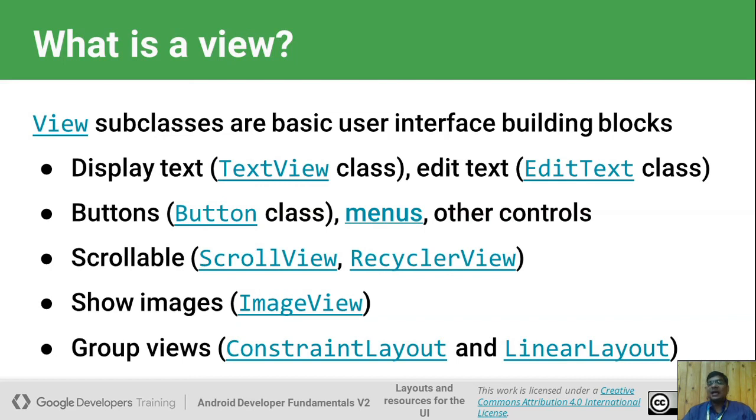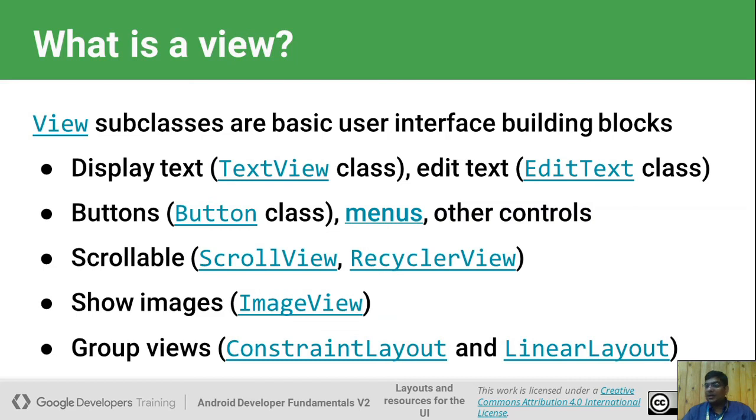If you see text but can't edit it in an Android app, that is designed as a TextView. Next, you have many buttons to click to move next and perform operations; that is called a button. Next are menus, radio buttons, checkboxes, and many other controls. Many classes like these are held in the view class.